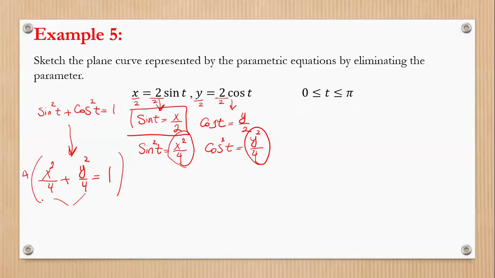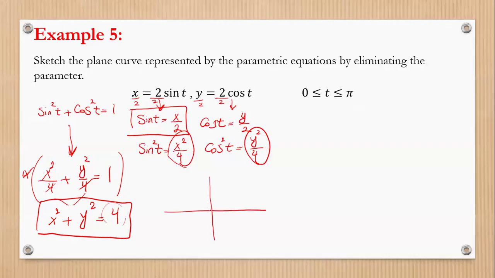So if I multiply each of these terms by 4, I get x squared, because 4 and 4 cancel each other, plus y squared, because again 4 and 4 cancel, but 4 times 1 is just 4. And based on my previous knowledge, I know that's the equation of a circle, a circle with radius 2. So if you want to graph this, you will have a circle with radius 2. But do we need the whole circle?